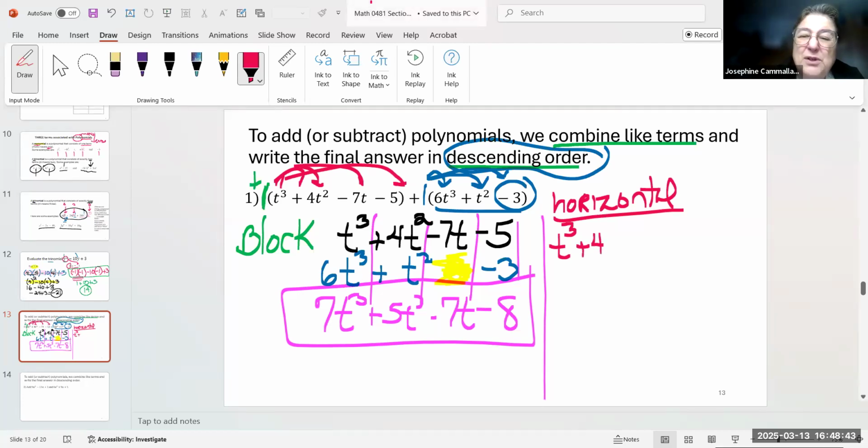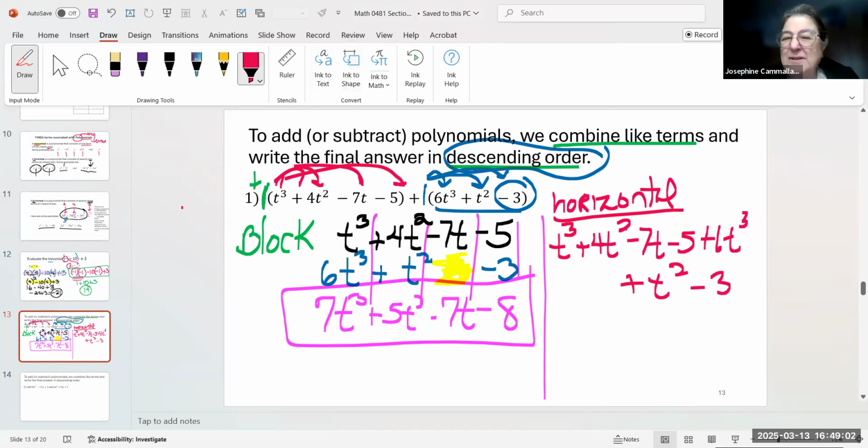Plus 4t squared minus 7t minus 5, and then I just continue horizontally, plus 6t cubed I'm going to have to come down here, plus t squared minus 3t.